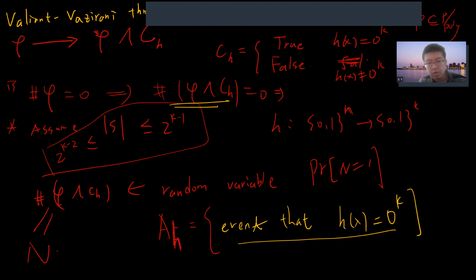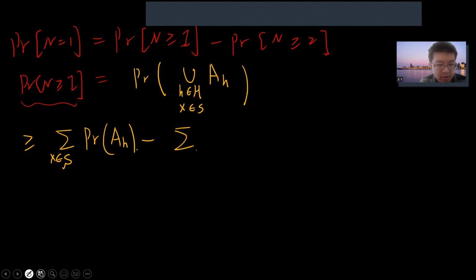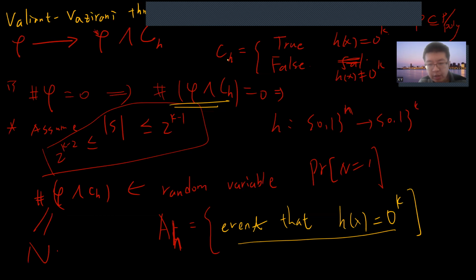N is a random variable depending on h, so there's no h here, because I fixed h. I should define A_h to be the event that h(x) equals 0^k.